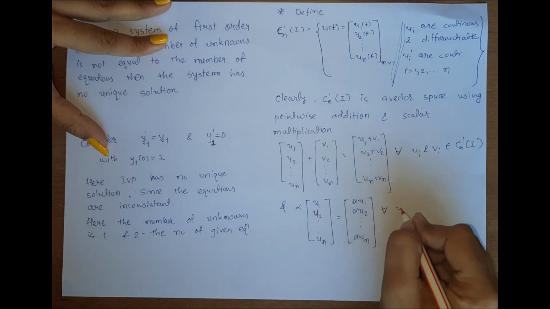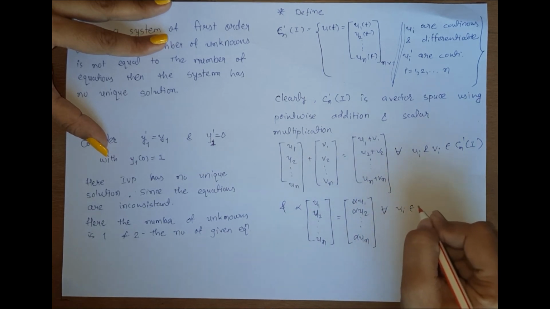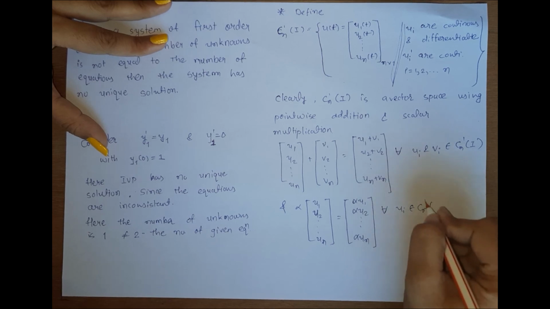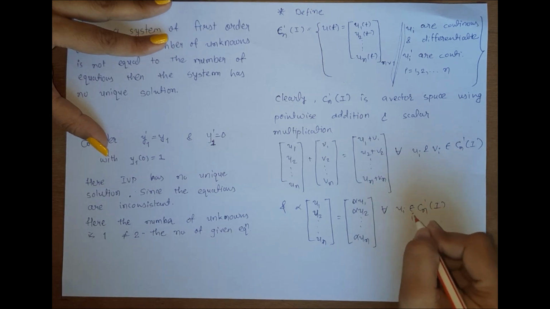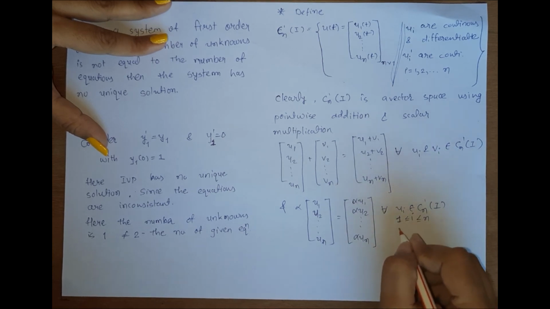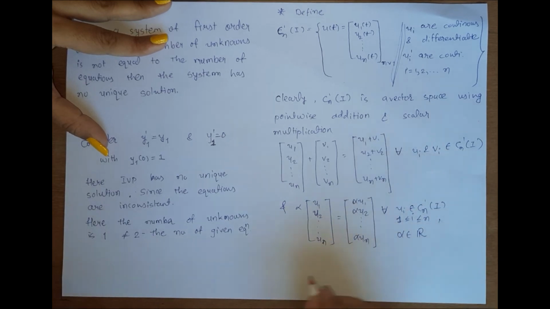Here all the ui belong to Cn dash over I for all i running from 1 to n, and the scalar alpha belongs to R.